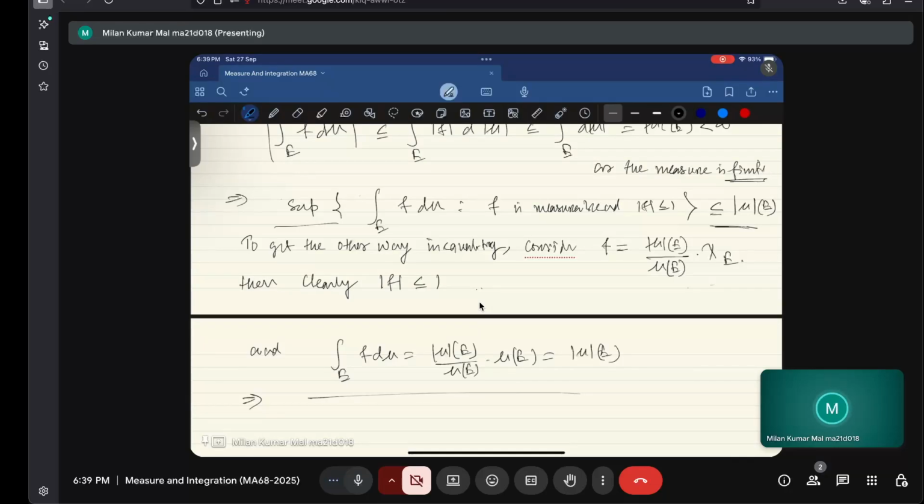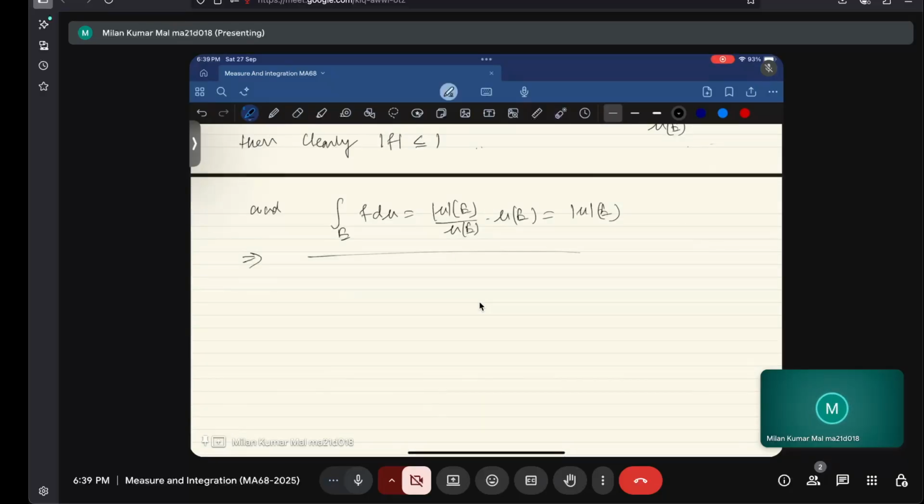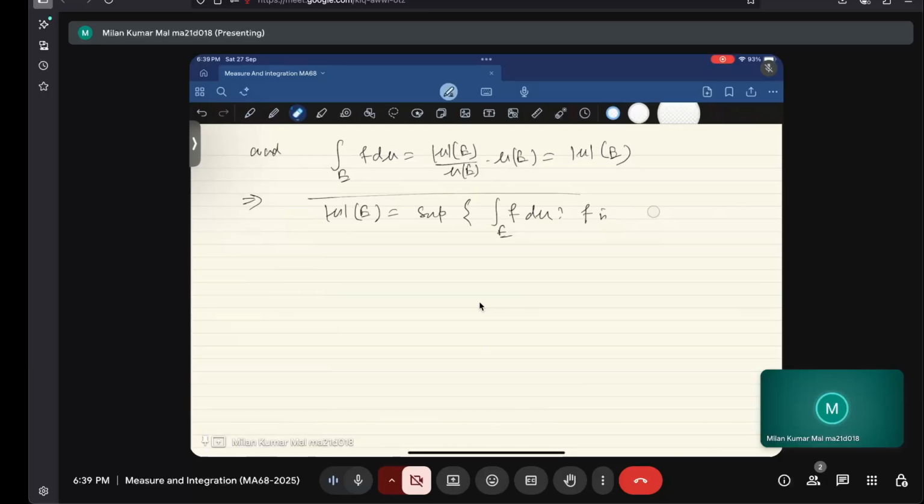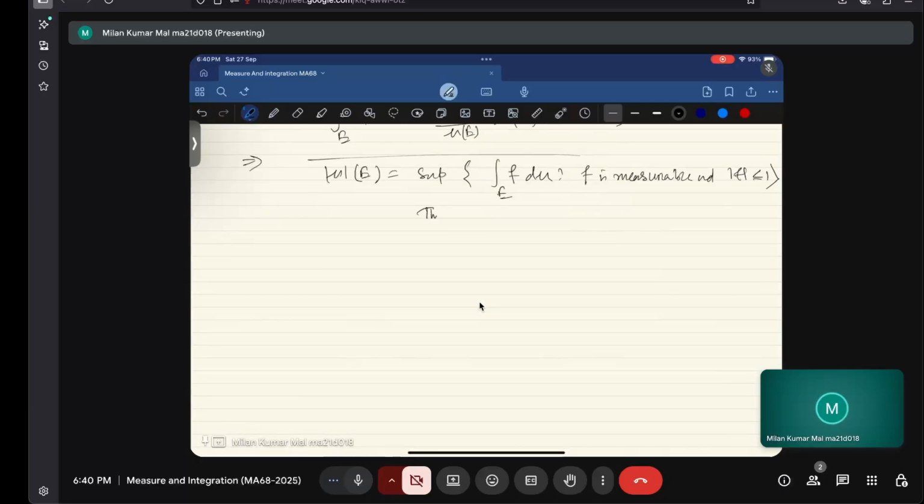So the supremum has to be exactly equal to mod mu of E. That gives mod of mu E is equal to the supremum of the integral of f d mu, such that f is a measurable function and mod of f is less than or equal to 1. So this completes the proof.